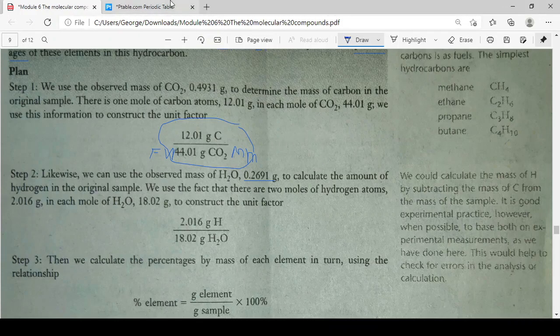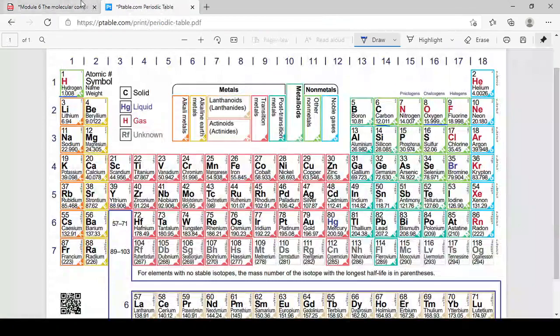So kids, for every hydrogen atom we have 1.008.